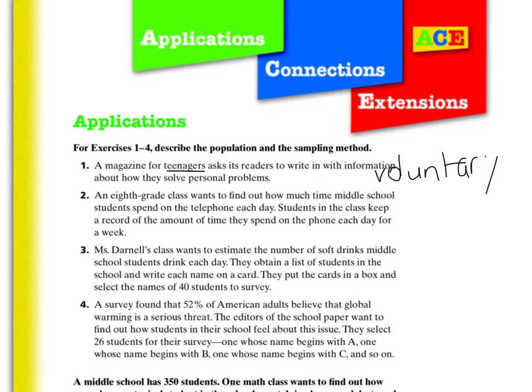Okay, for number 2. An 8th grade class wants to find out how much time middle school students spend on the telephone each day. Students in the class keep a record of the amount of time they spend on the phone each day for a week. Okay, so for number 2, the population being studied is middle school students.